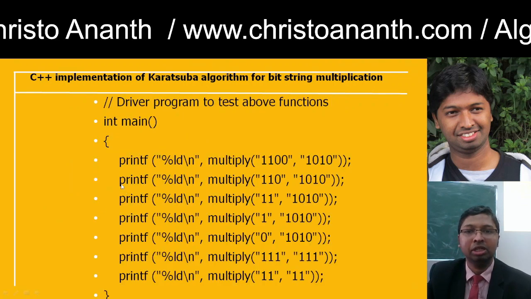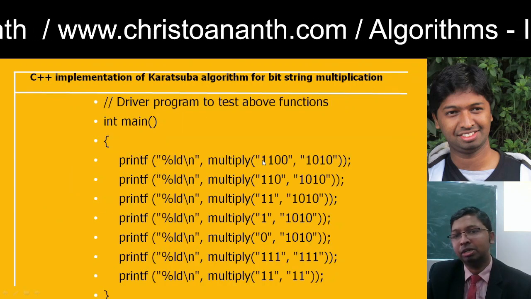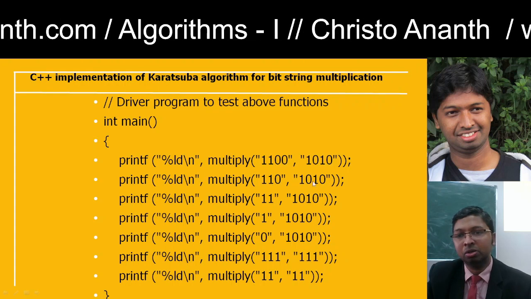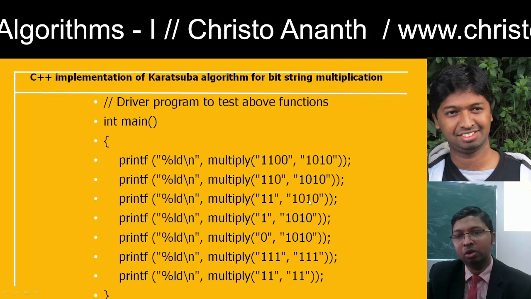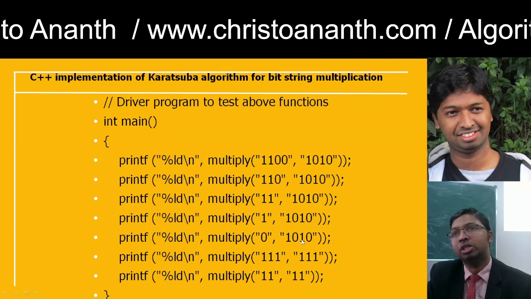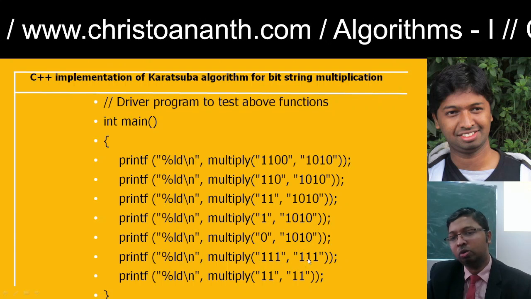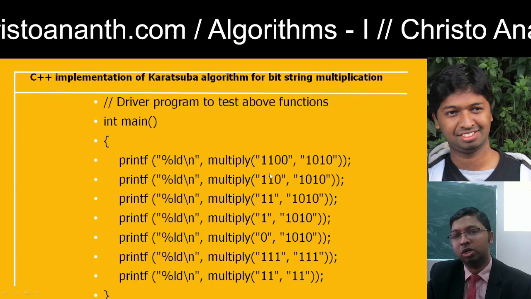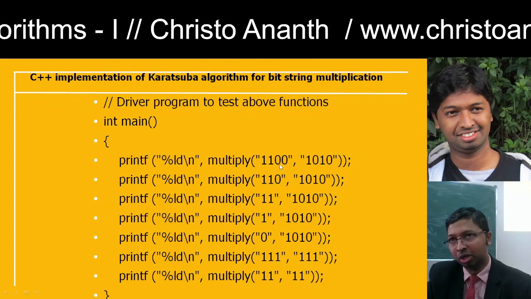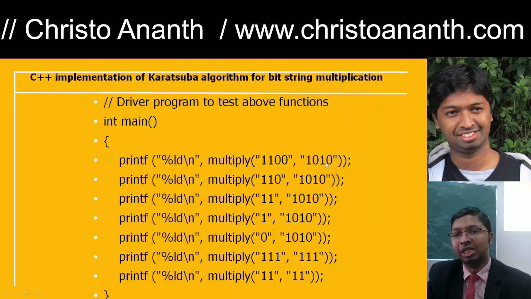Okay. So here you will have the driver program, printf multiply of 1100 and 1010, similarly 110 and 1010, 11 and 1010, 1 and 1010, 0 and 1010, 111 and 111, 11 and 11. So maybe in the case of this one, 110 is actually 12, and maybe 1010 is actually 10.